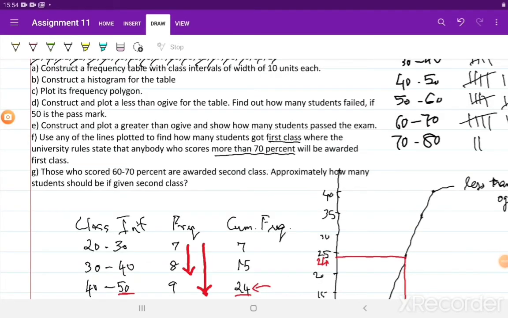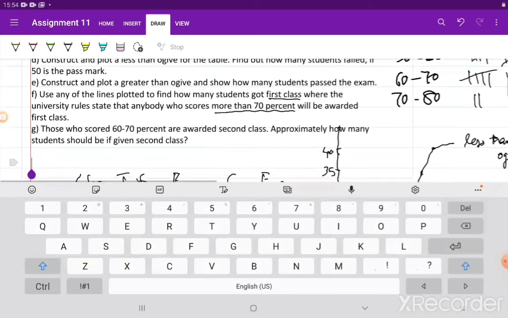Our next question, bit F, asks us to find out how many students got first class. The rules are that those who score more than 70% are awarded first class.